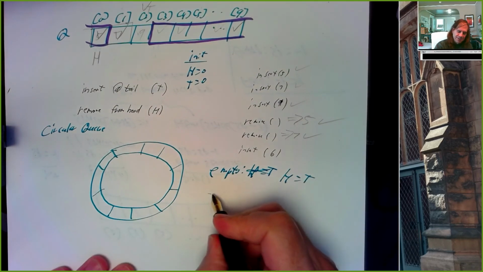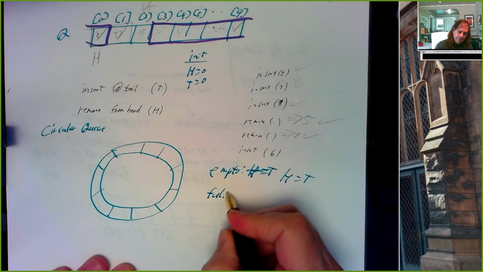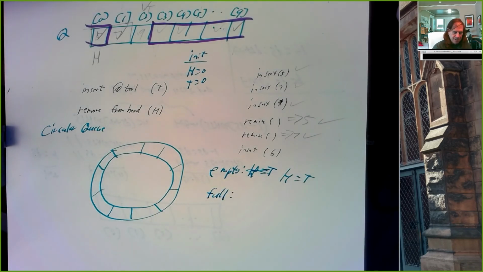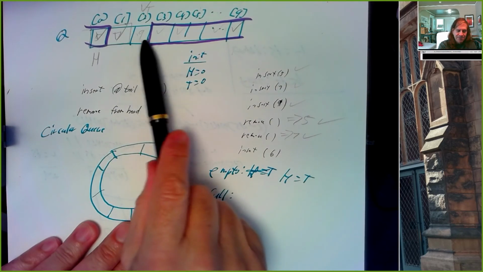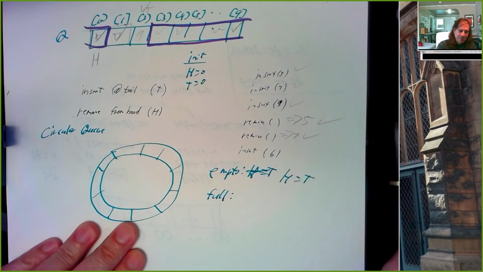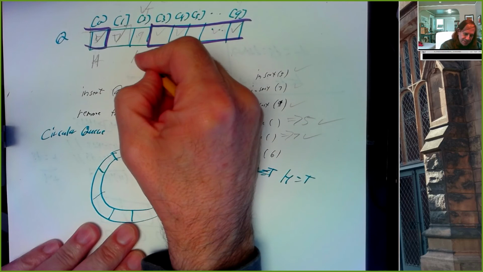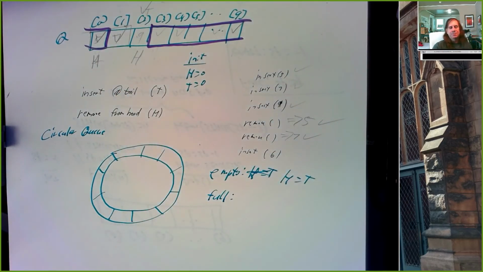Fullness is a little different. To tell if a queue is full, well, when it's actually full, when we've completely wrapped it, filled up every single cell in here, we're going to find that tail and head are equal to each other.